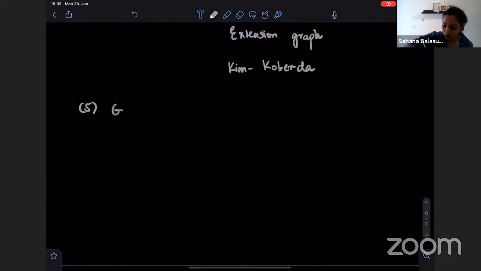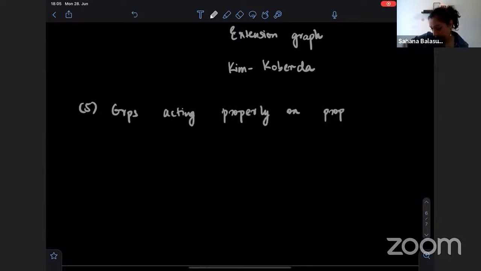And so the next class of groups in here is a sort of generalization. We have groups acting properly on proper CAT(0) spaces with a rank 1 element.